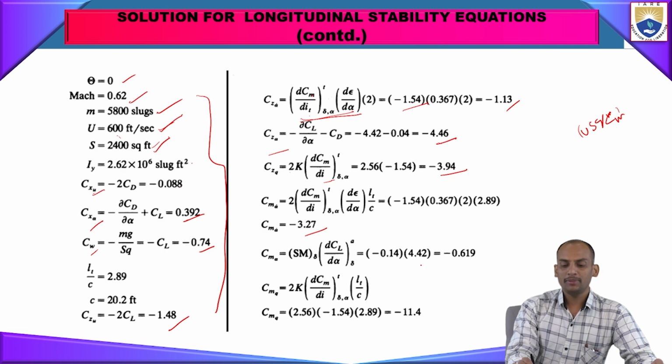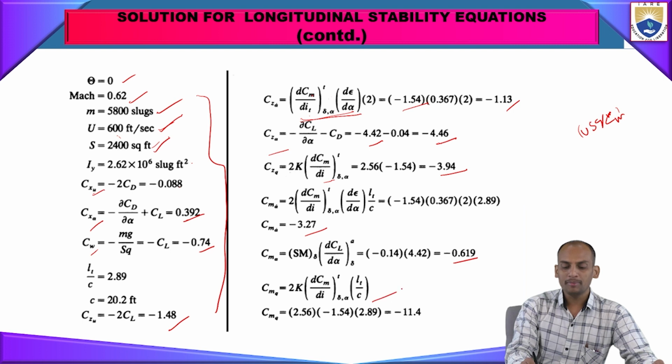And the CMA value you can get from S into M, and dCL by d-alpha value 4.42. If you substitute those values, you will get minus 0.619.